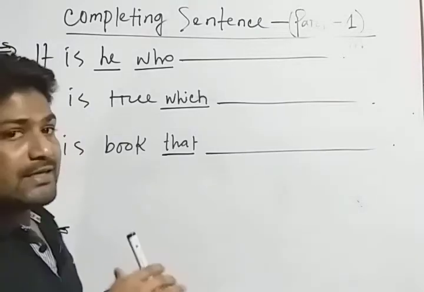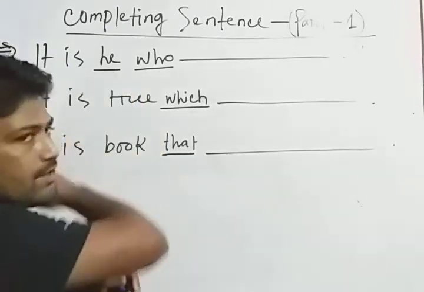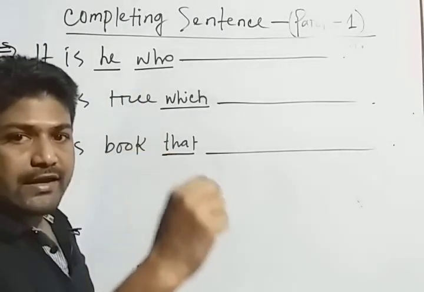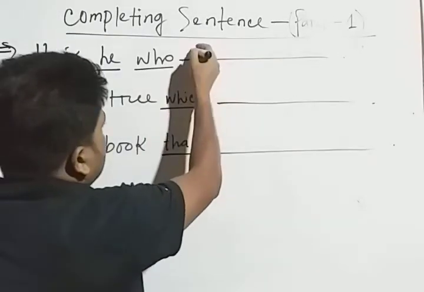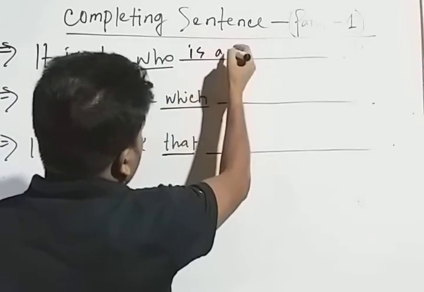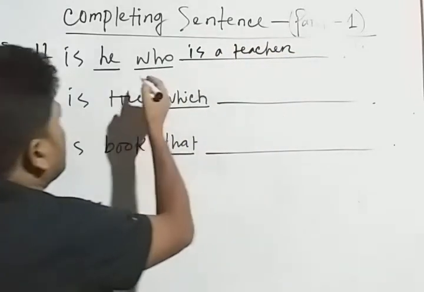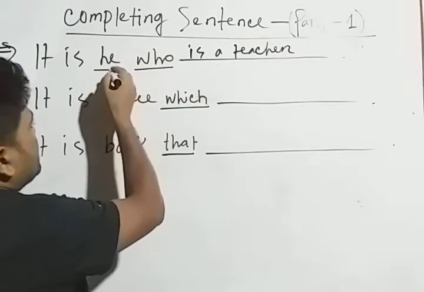Dear learners, he is a teacher. So he is already given here. So what is the rest of the sentence? Is a teacher. So we will write down is a teacher, because he has already been given here.